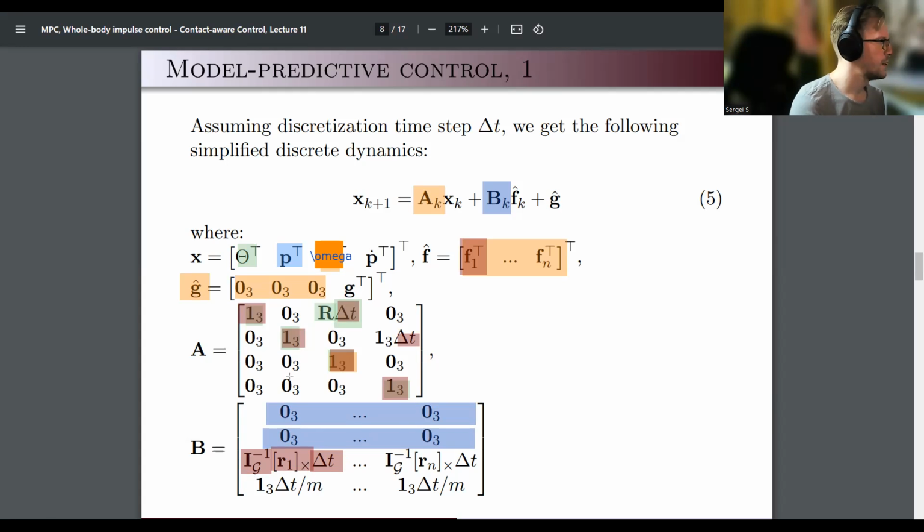Now, finally, what about the velocities? Well, velocities are the same. The next velocity is equal to the previous velocity plus the sum of reaction forces multiplied by dt, divided by mass. So this is just a Newton equation. That is all of this complexity.